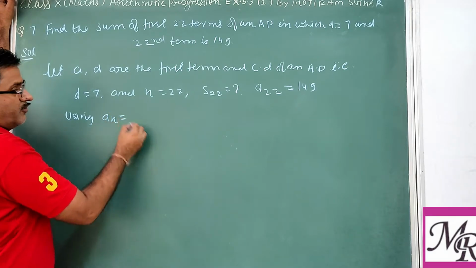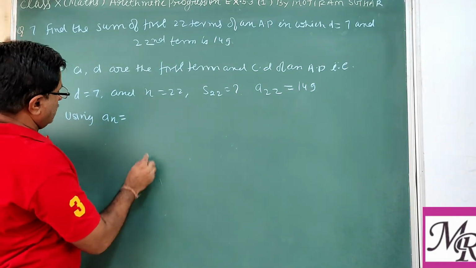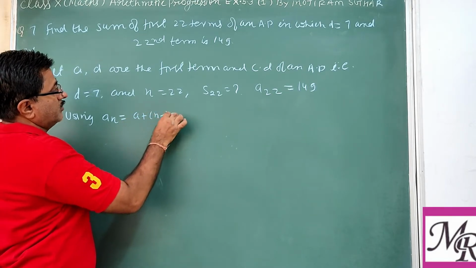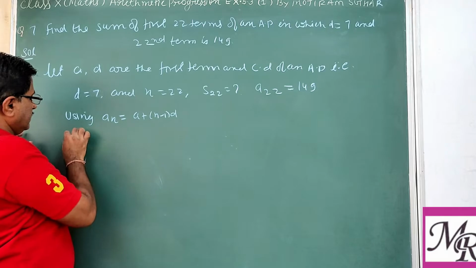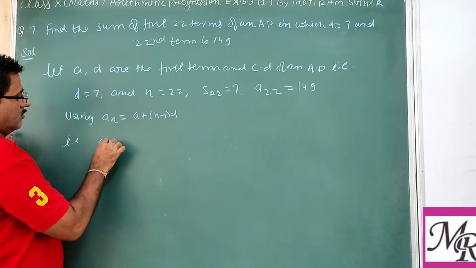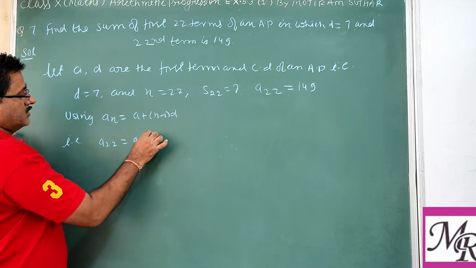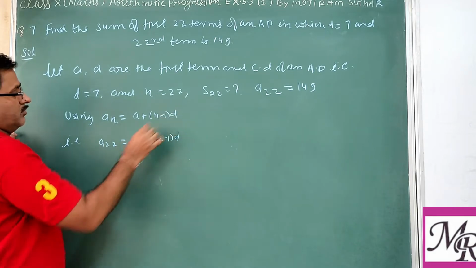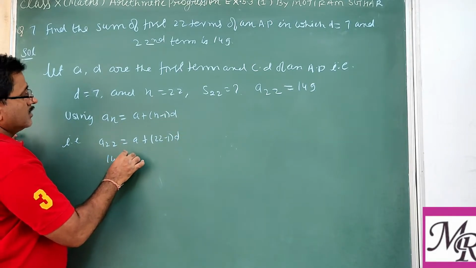Using the general formula for finding the nth term, An equals a plus (n minus 1) into d. That is, An is A22, a plus (22 minus 1) into d. Now the A22 value we can put as 149.